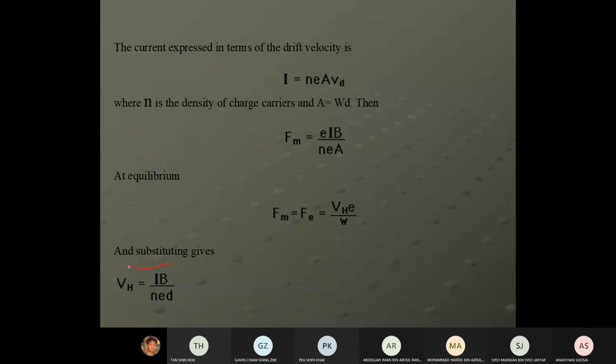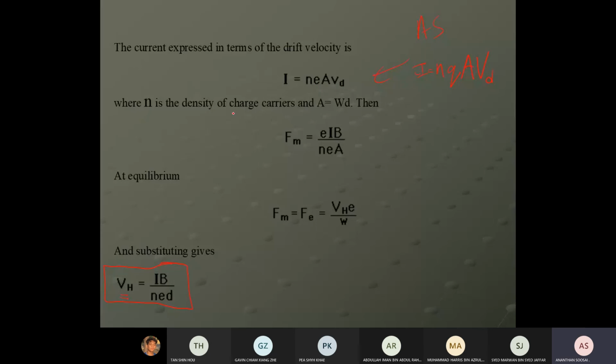You know this, right? You learned this in AS. Recall back. Current is the number of charge density times the charge times the area times the drift velocity, right? That's your current, I = nEAVD.